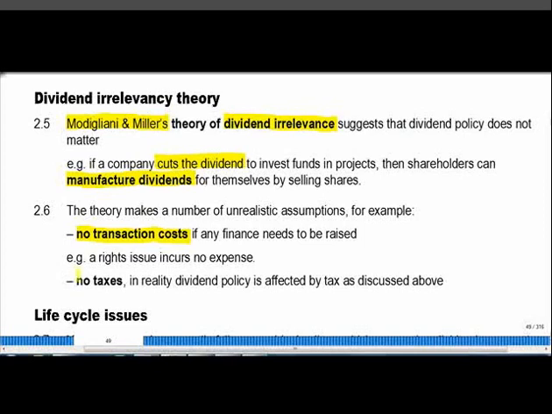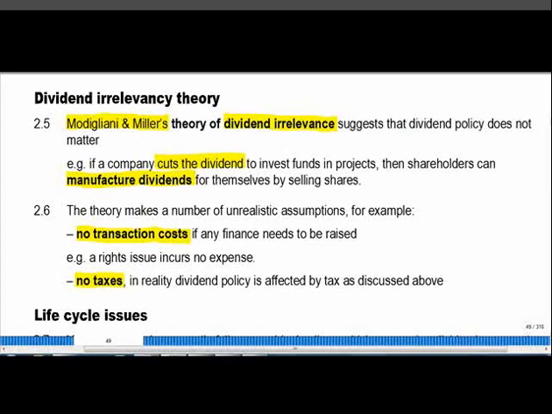Dividend irrelevancy theory also assumes no taxes. Now we've already said that particularly in the USA, you're likely to pay low dividends because once you pay a dividend, it's going to be taxed as income for the shareholder, and it will already have come out of corporation profits, which will have been subject to corporation tax, so it's taxed twice.